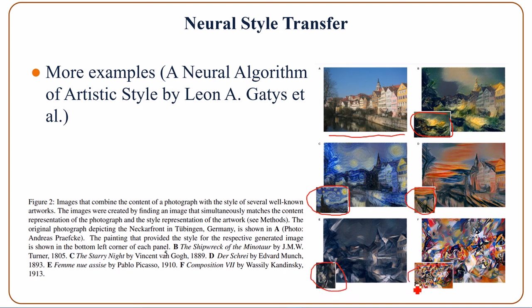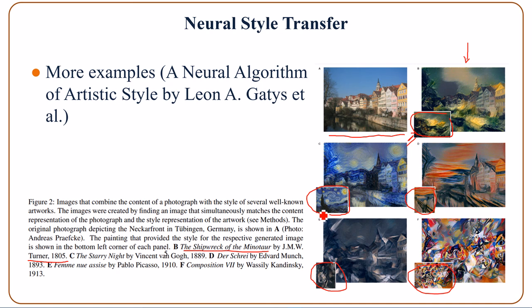So in B, the style is from the artwork The Shipwreck of the Minotaur by Turner in 1805. And this is what you get when you apply the style to the photo.